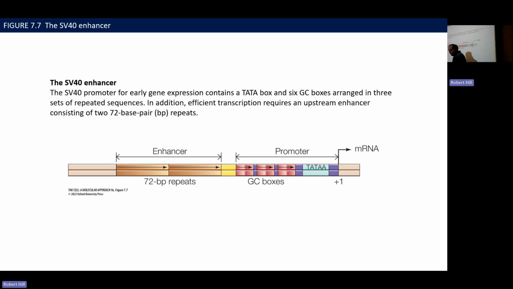You have this enhancer region, and the enhancer region is necessary to bind to transcription factors. What's going to happen is the DNA is going to loop, and the transcription factors that are bound to the enhancer are going to bind to that mediator protein that we talked about when we were talking about eukaryotic transcription. Remember, mediator protein is one of the last things that comes in after the basal transcription factors work.